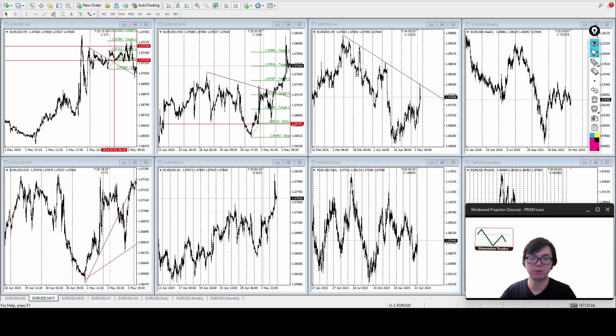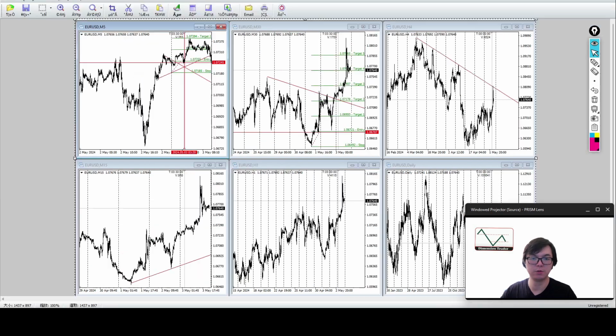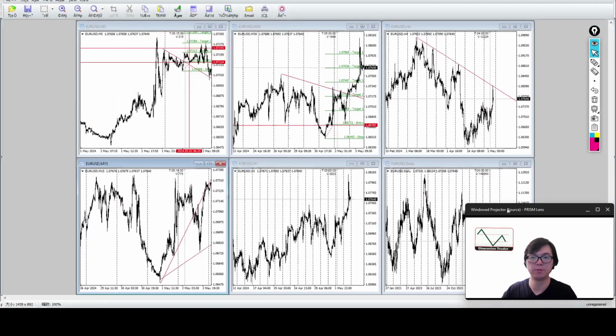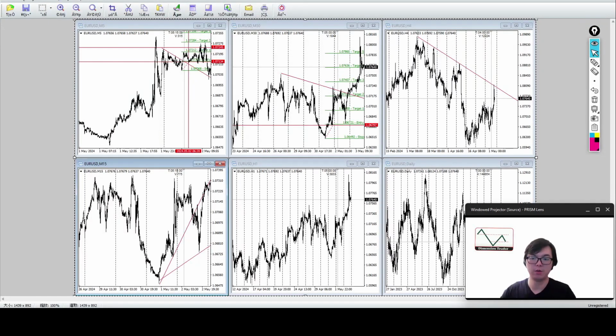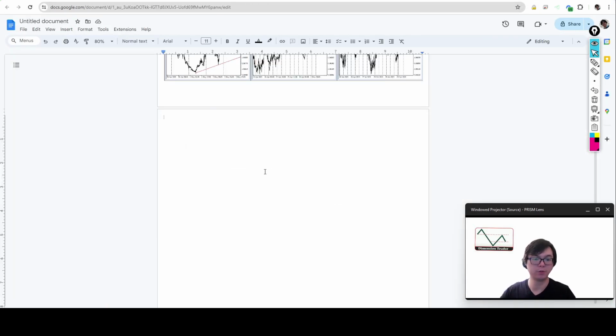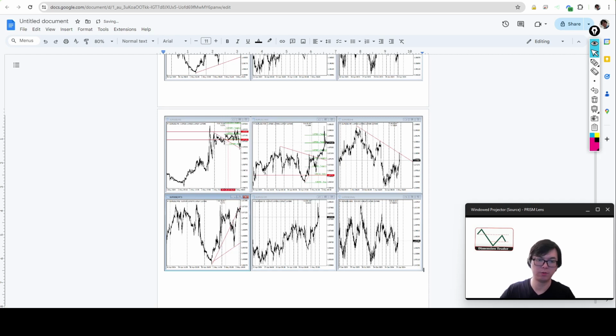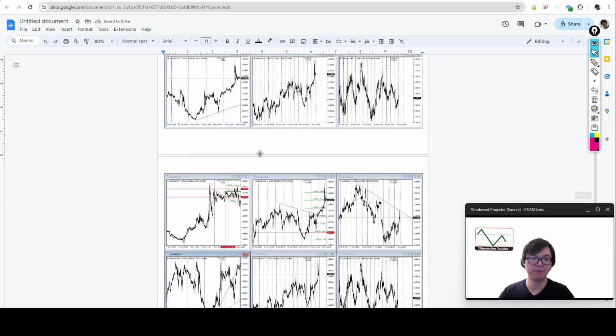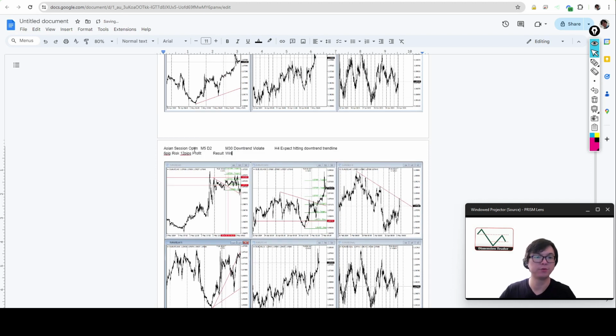Alright, so we are going to take a snapshot and post in our backtesting breaker. We can use the same formula to copy here.